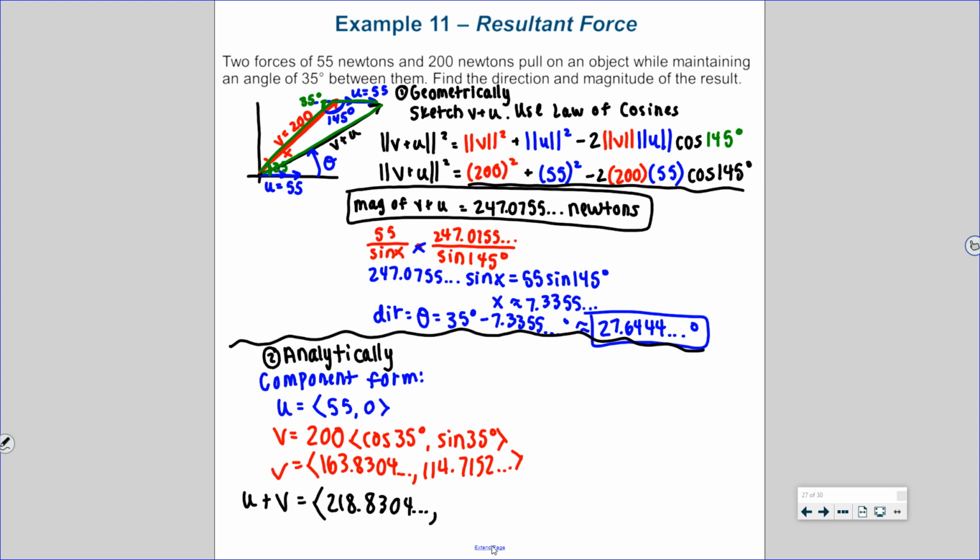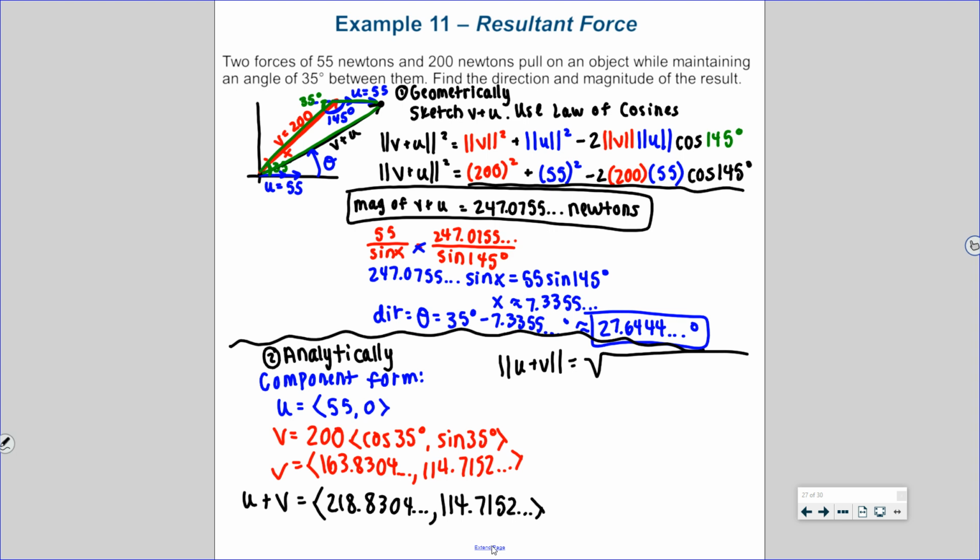Obviously, we didn't add anything extra on there, so 114. And that would give you the component form of that resultant vector. Here's the horizontal, here's the vertical. So then how do we find the magnitude when we're in component form? You just square root the horizontal component squared plus vertical component squared, because what you're really doing is the Pythagorean thing there.